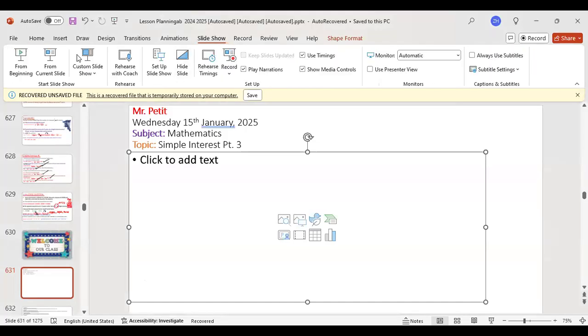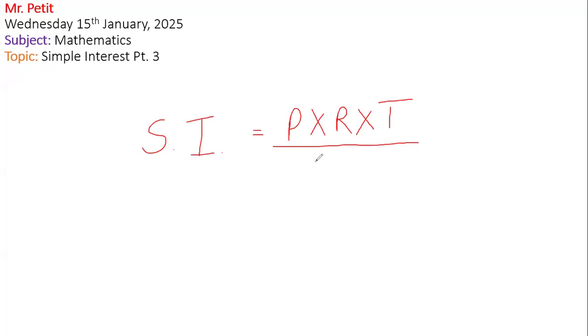So quick recap. We know the formula for simple interest. Can someone help me with the formula? P times R times T, all over 100. Very good.